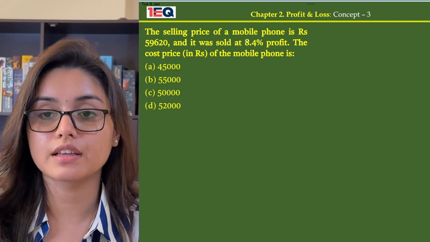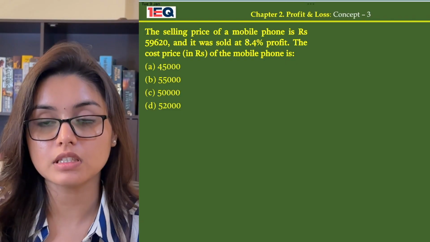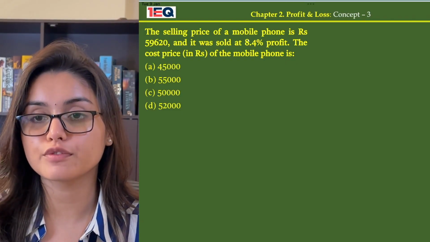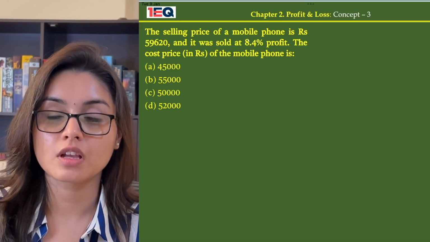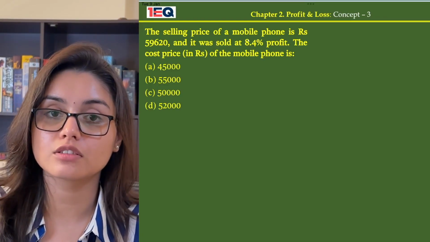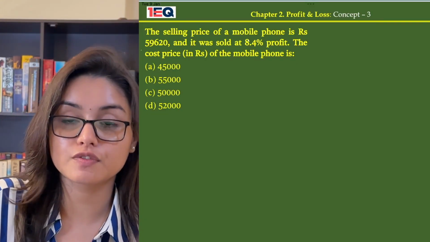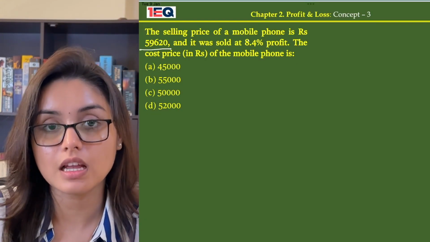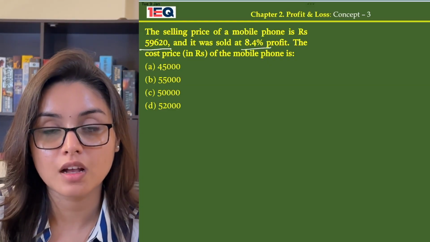The selling price of a mobile phone is rupees 59,620 and it was sold at 8.4% profit. The cost price of the mobile phone is. In the given question, we have to find the cost price of the phone where the selling price is rupees 59,620 and the profit percentage is 8.4%.